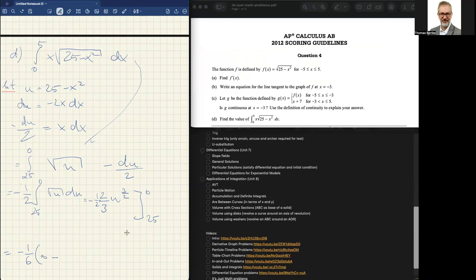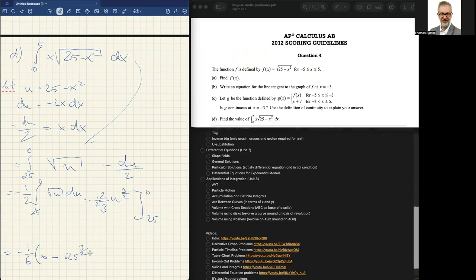And then minus, I already have taken care of the 1/2 and the 2/3, right? They're here out front. So I'm just focusing on u to the 3/2. So this is going to be 25 to the 3/2, like so.